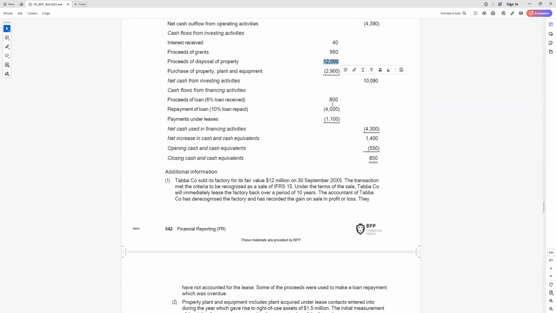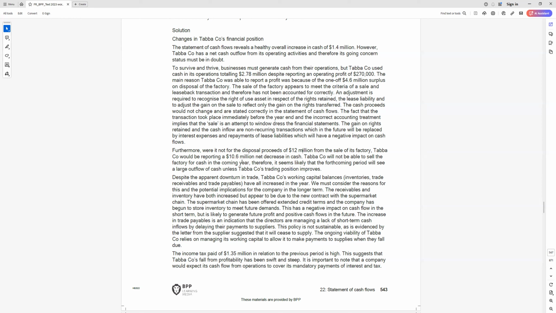Actually, 12 minus 1.4, without the proceeds on disposal, we'll end up with a 10.6 million net decrease in cash, not positive.